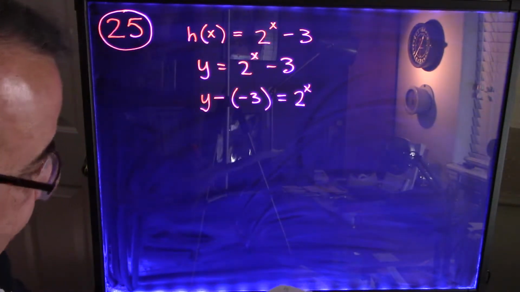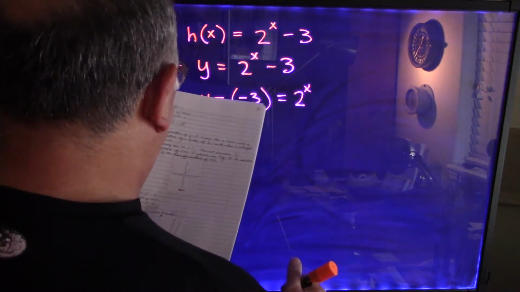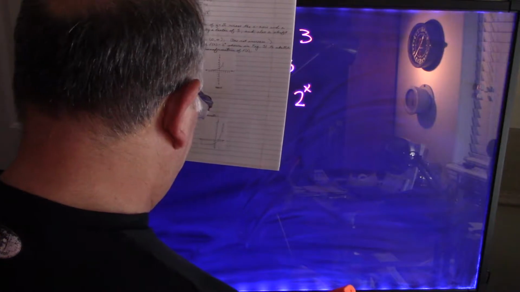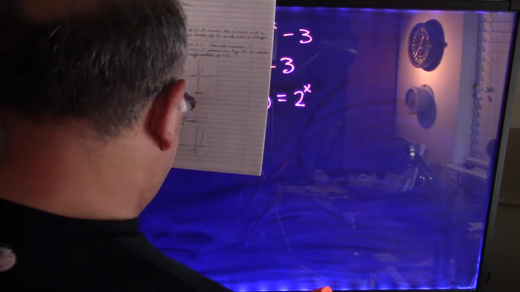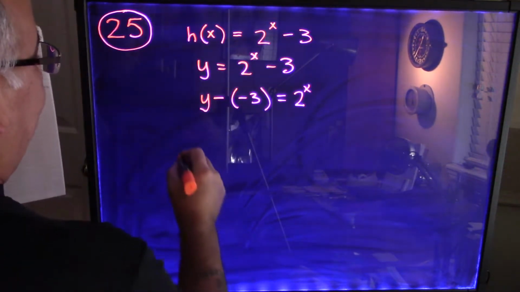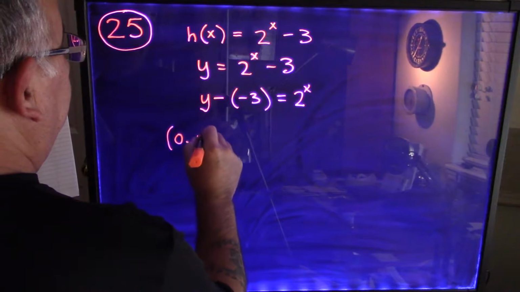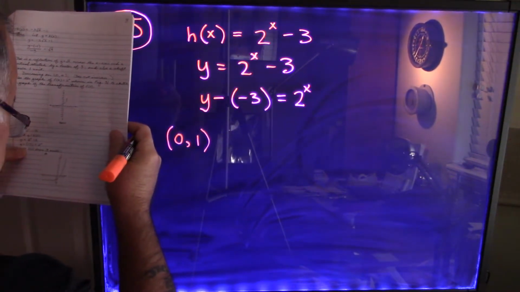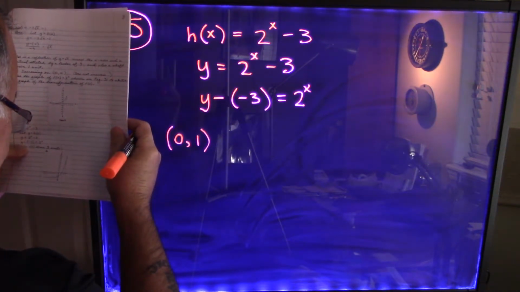Alright? So what you can do to graph this is take a couple of representative points on the original graph. If you look at figure 31 of f of x, you can take, for example, the point 0, 1. And how about 1, 2, or there's one a little bit farther away.